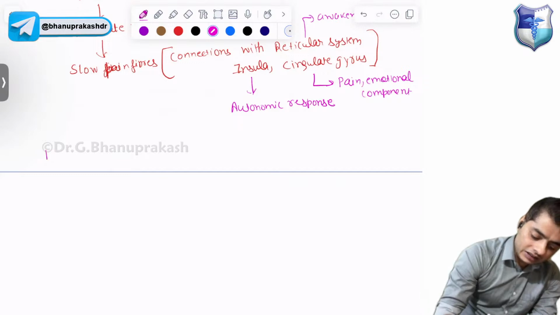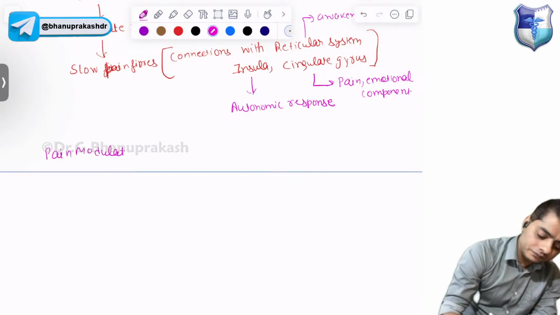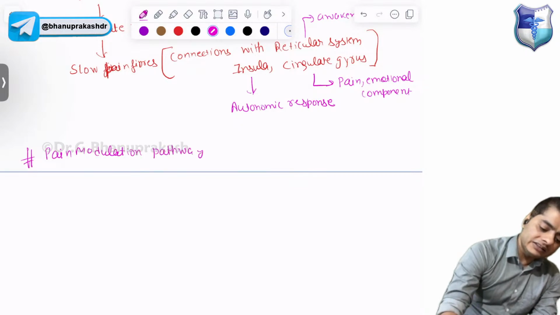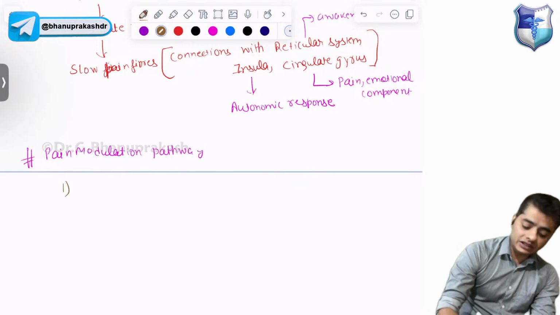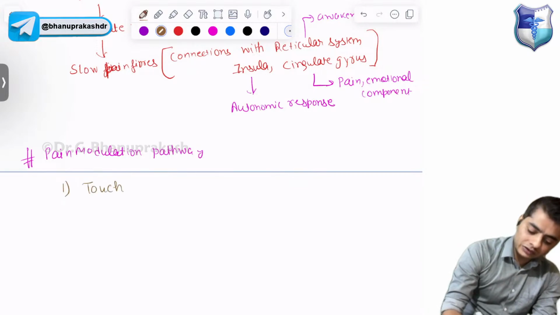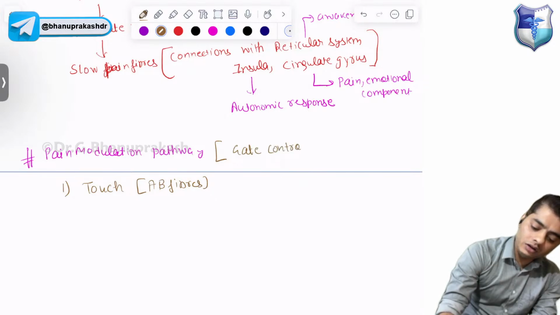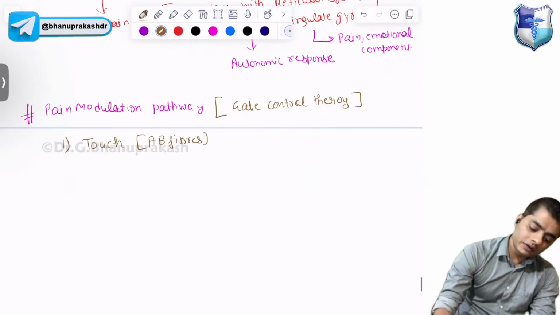And last is our pain modulation pathway. It is at two levels. First, at the level of touch through A beta fibers, also known as gate control theory. Okay.